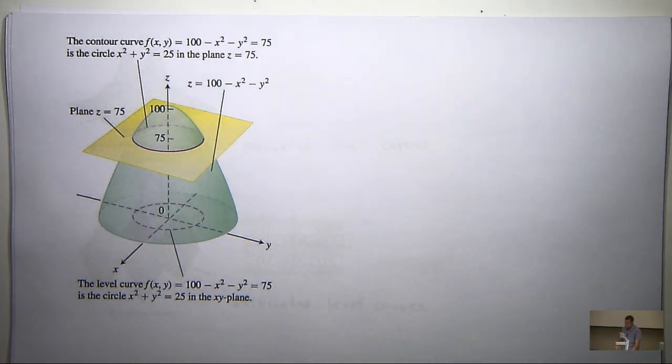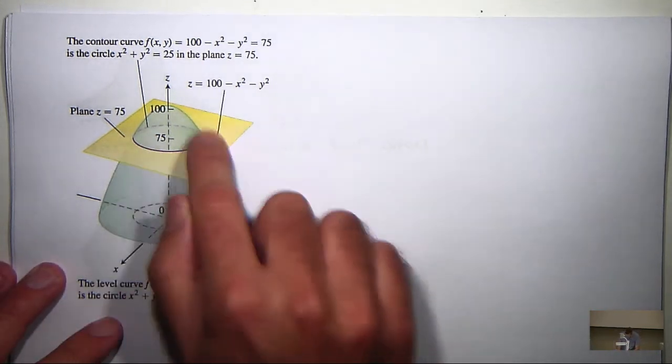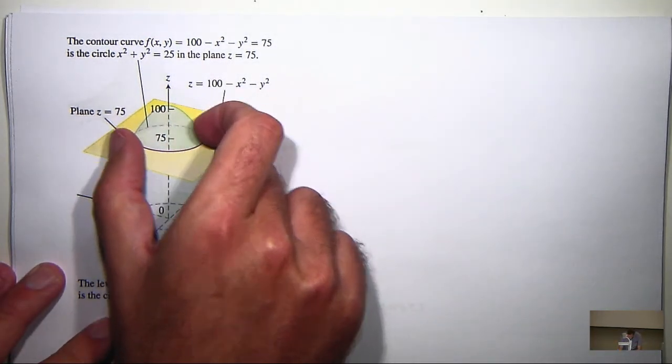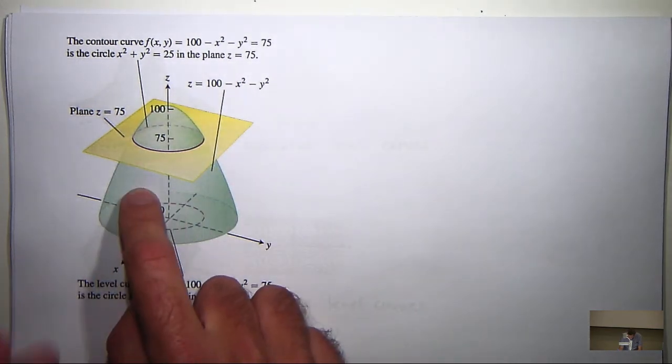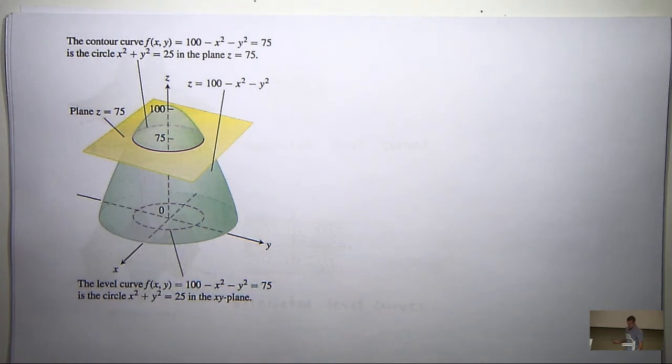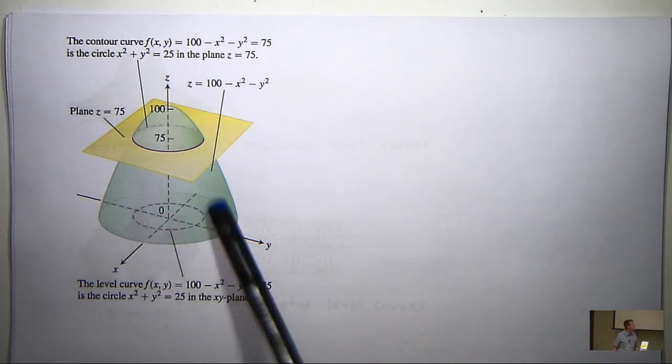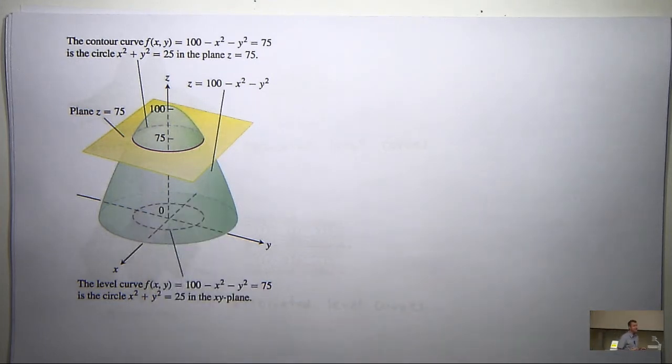That is a contour curve. Basically, what we've done is move this contour curve down and sketch it in the xy plane. They're kind of the same curves, but they lie in different planes. So that smaller circle down there is known as a level curve.